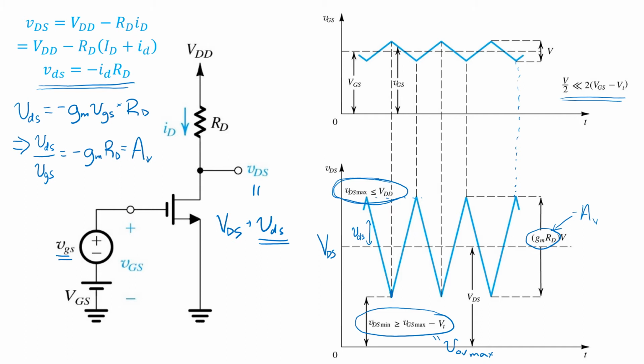Now, since the gain of the amplifier is negative, VDS will be at its minimum when VGS is at its maximum. Here we've got VGS max. So whatever the overdrive voltage is when VGS hits its peak, we have to make sure that VDS never drops so low that it's below the overdrive voltage at that point in time.